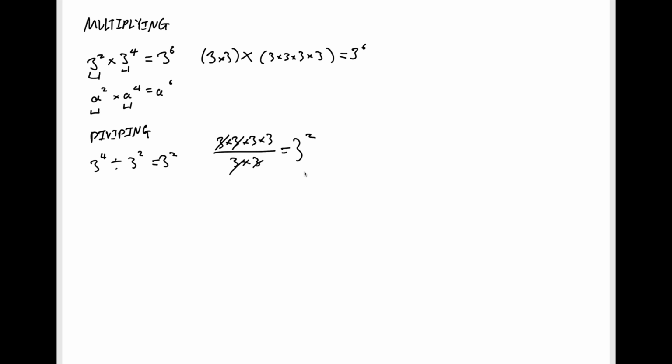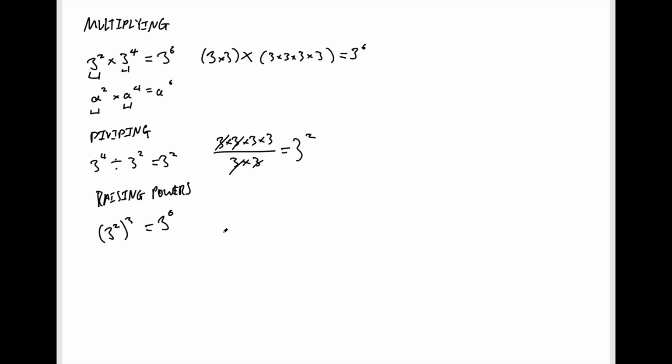To the next rule, which is raising powers. And for instance, if we raise 3 squared to the 3rd power, or in other words, we cube 3 squared, what we do is we multiply these 2 powers together. So rather than adding or subtracting, we multiply, right? And we're going to end up with 3 to the 6.